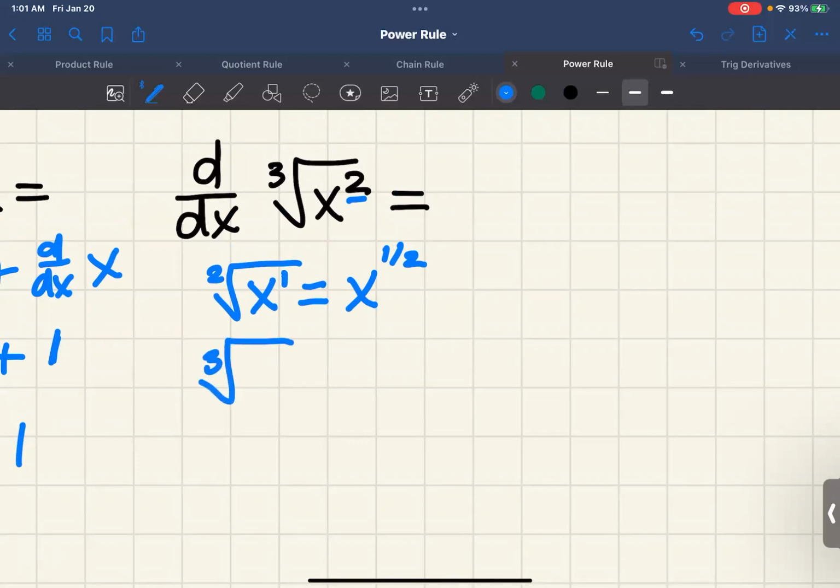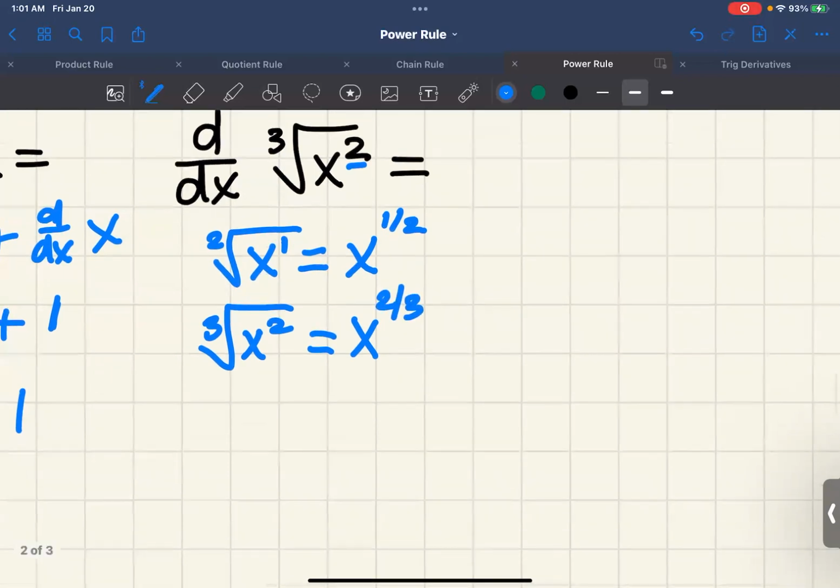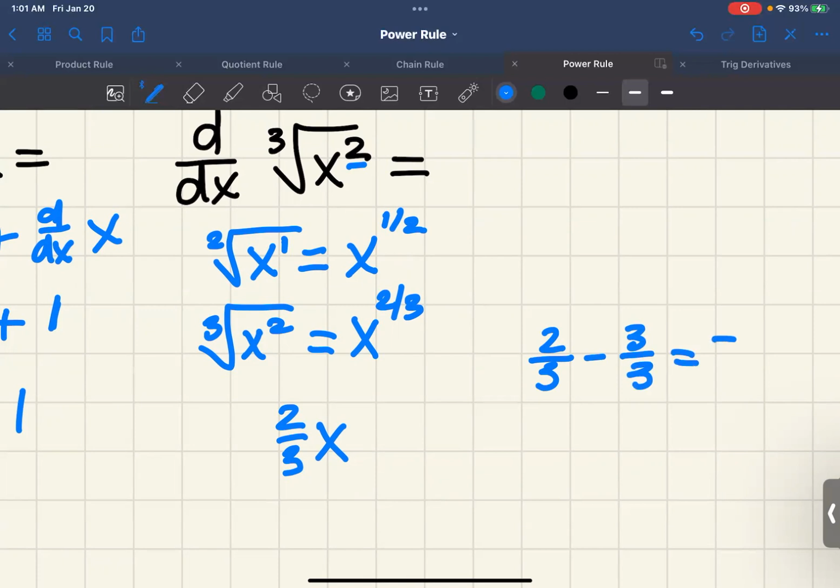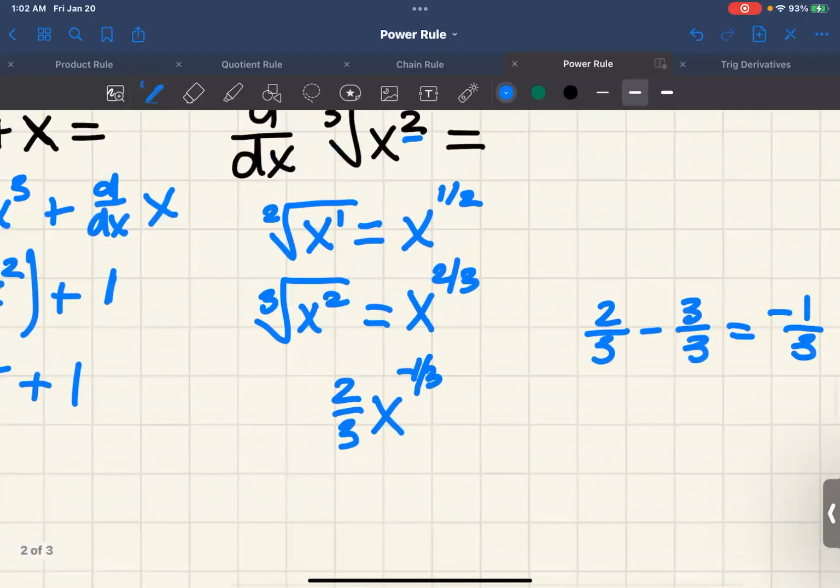So cube root of x squared is going to be x to the 2/3. Okay, and now we take the power rule for that one. So the derivative is going to be, bring the 2/3 in front, x, and then 2/3 minus 1, which is 3/3, is going to be negative 1/3. And you can change it into the other form, but I'll just keep it like that for now.